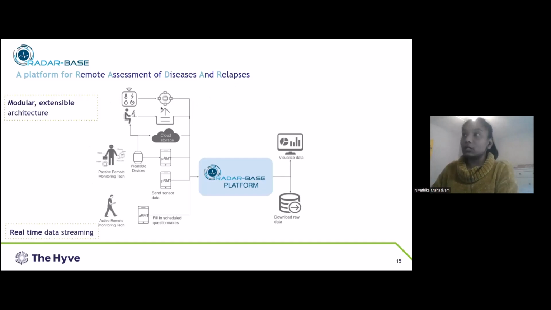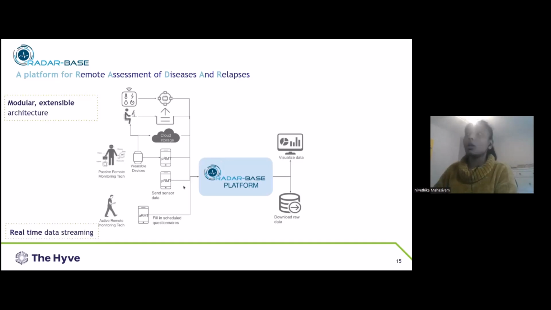Passive data monitoring is when you monitor a particular participant passively, which means the participant is not intervened with, and in their ideal day-to-day living setting, they don't have to do a lot of things actively to contribute to the study.